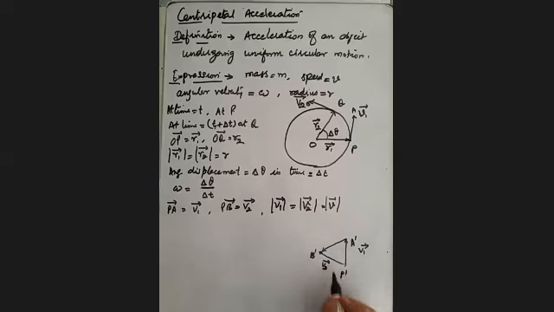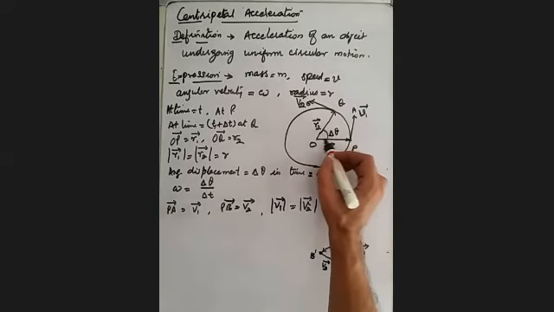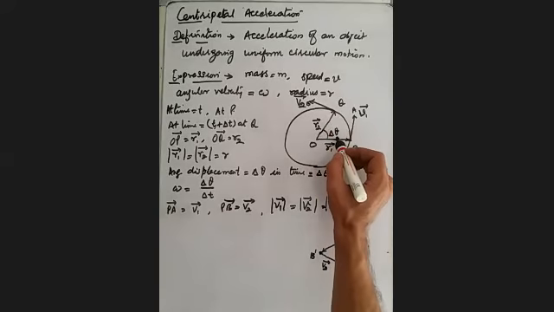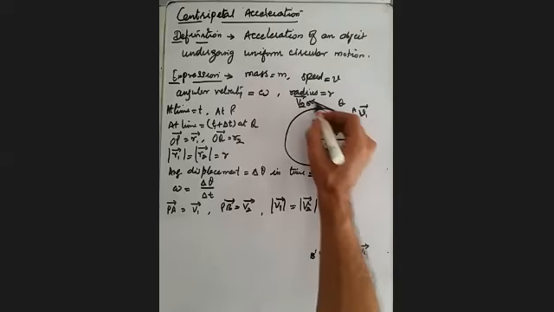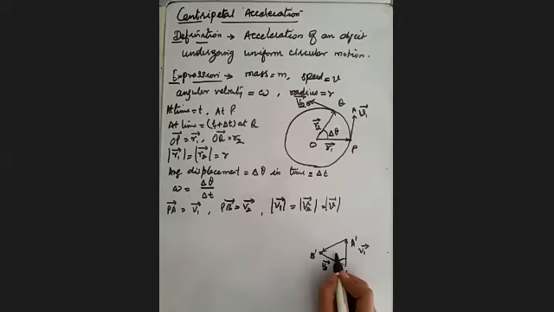So vector A dash B dash. The angle between the two position vectors is delta theta, and the angle between the vectors perpendicular to both will also be delta theta.